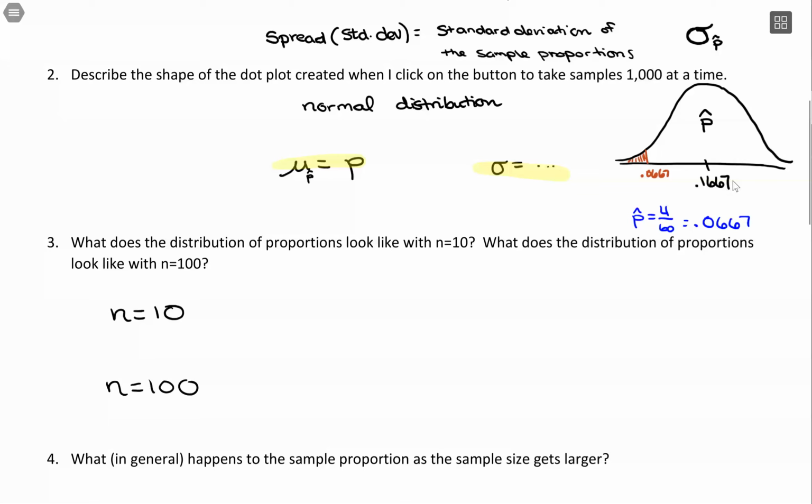Something that we want to think about is that with smaller sample sizes, there's more extreme things that can happen. You get more outlier cases, like rolling a die 10 times. If I don't see a 1 at all during that, that could happen.